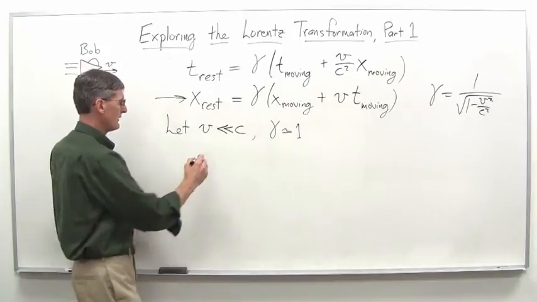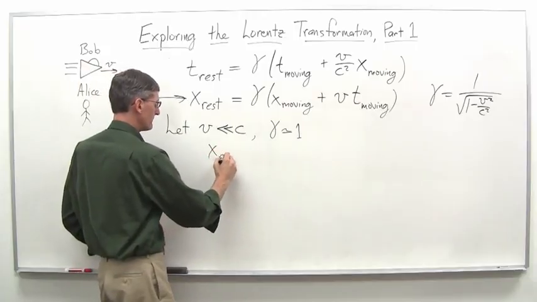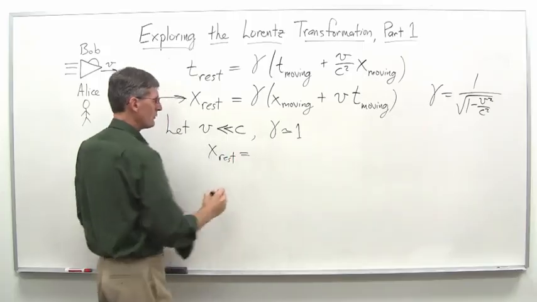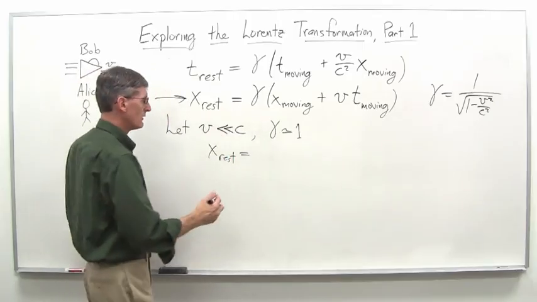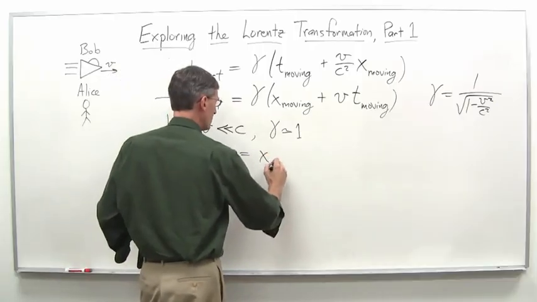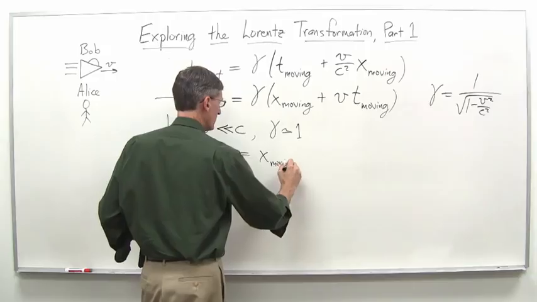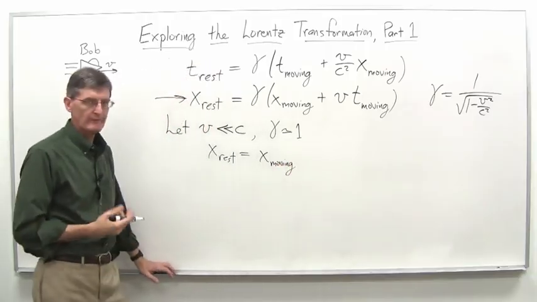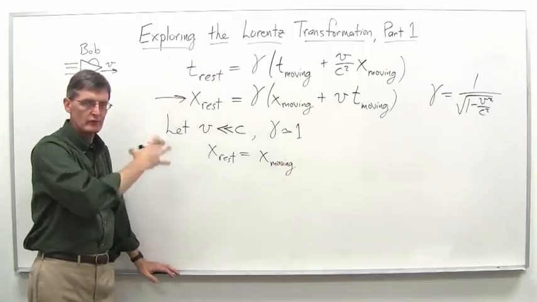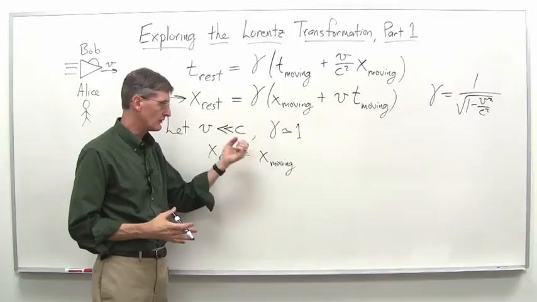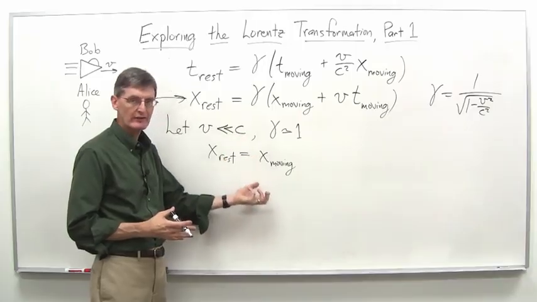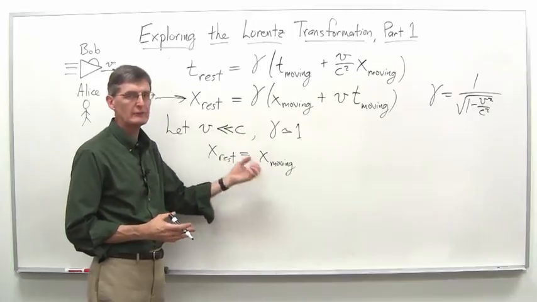And so what do we get then? We get x rest equals gamma, which is approximately 1 here, and so it becomes x moving in the moving frame. And by the way, regarding the terminology here, this does not mean x is moving. This is an x coordinate, an x measurement in the moving frame.